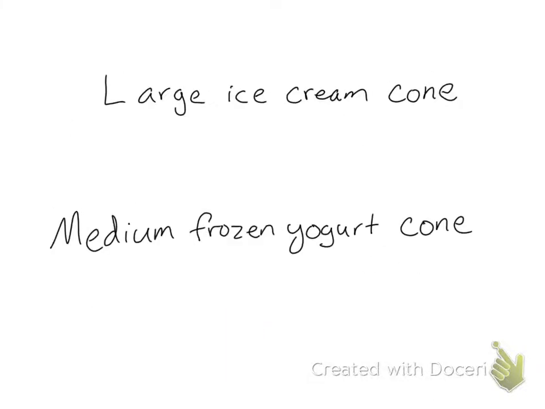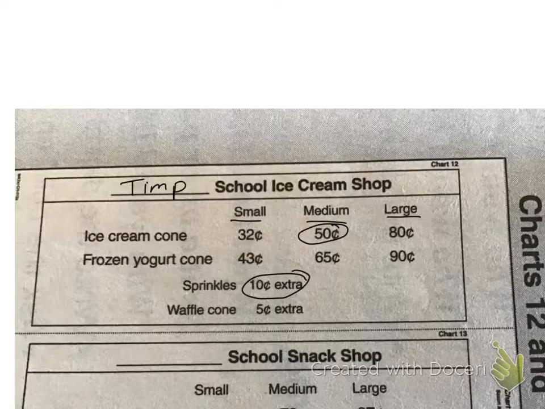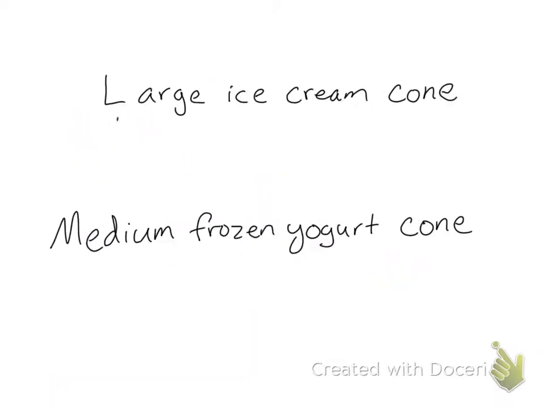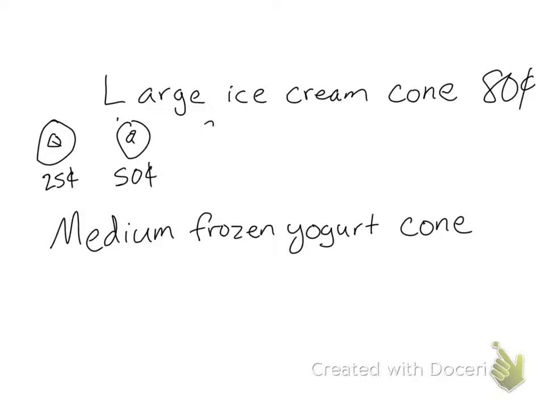Okay. What about a large ice cream cone? Well, if we look, a large ice cream cone costs 80 cents. So I need to get 80 cents. I use the fewest number of coins, so we're going to start with the quarters. So my quarters, we'd have 25 cents, 50 cents, 75 cents.